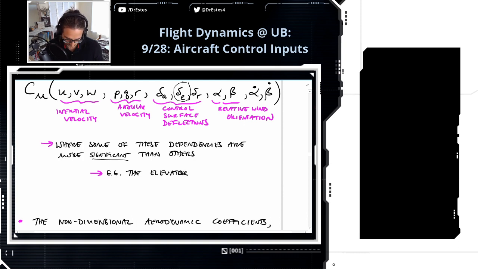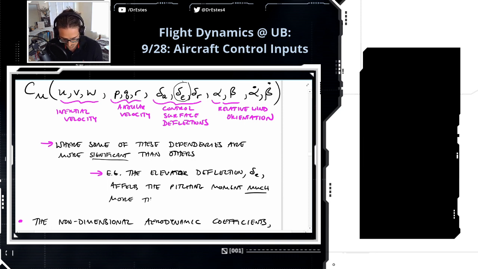The elevator deflection, delta E, affects the pitching moment much more than, say, rudder deflection, where the rudder is mainly meant to yaw the aircraft. Kind of turn it left, turn it right.